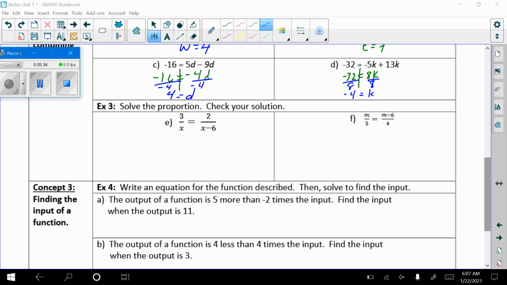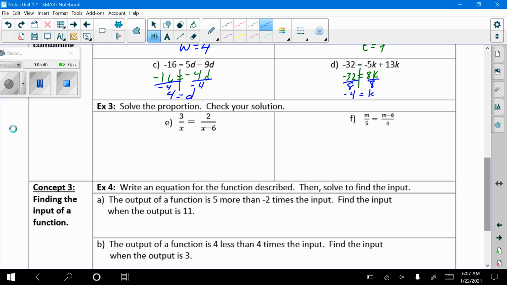This next example has proportions. So we're going to have to do some solving proportions, which we know is cross products are equivalent. Cross products are equal.